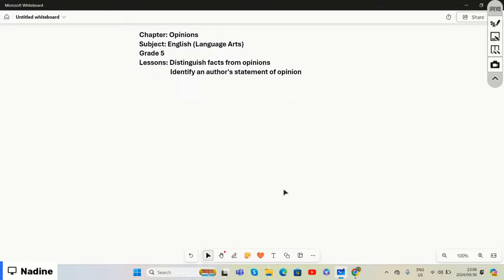So your opinion on something is based on this is what I think it is. It's not factual because it's not like it's stated like that in the book, but your opinion on a specific topic.